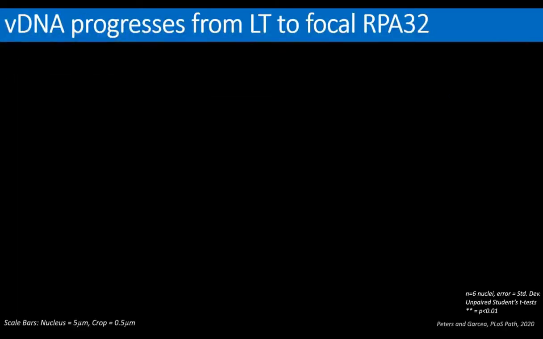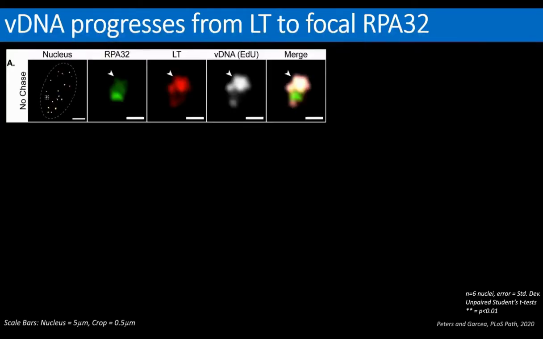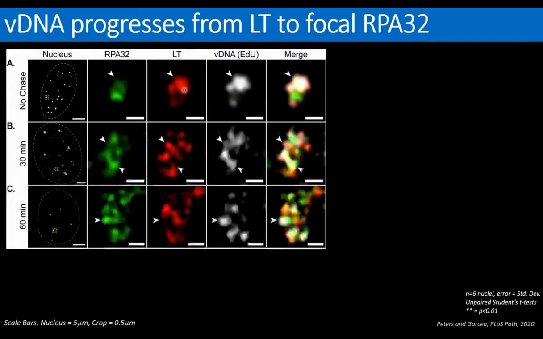I did an EdU pulse-chase experiment like this and labeled RPA32 and large T antigen, and I found that nascent EdU-labeled viral DNA overlapped very well with large T antigen. In the chase conditions, however, EdU-labeled viral DNA appeared to dissociate from large T antigen and relocalize to RPA32.